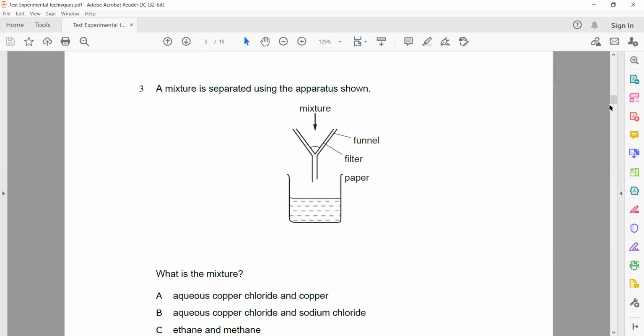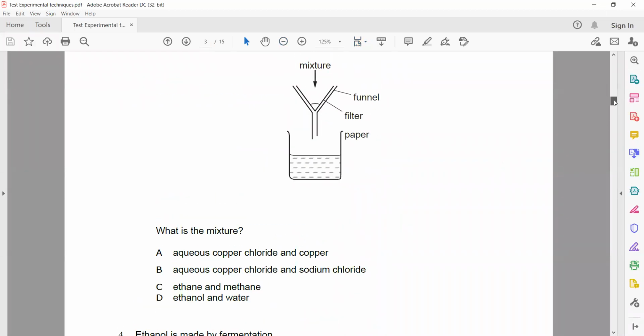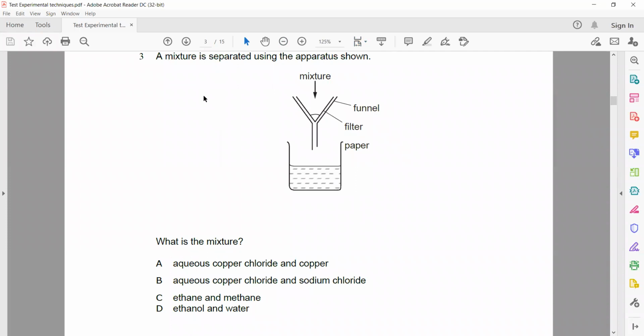A mixture is separated using the apparatus. So what could be the mixture? Basically we are using filtration, and filtration can be used to separate the insoluble solid from a solution. So what is the mixture?